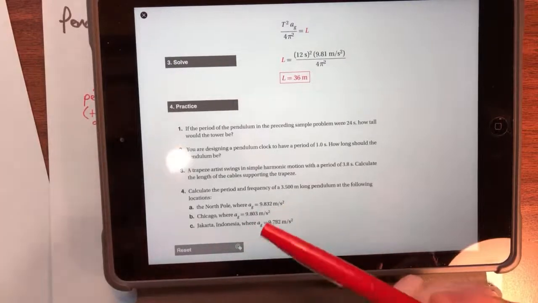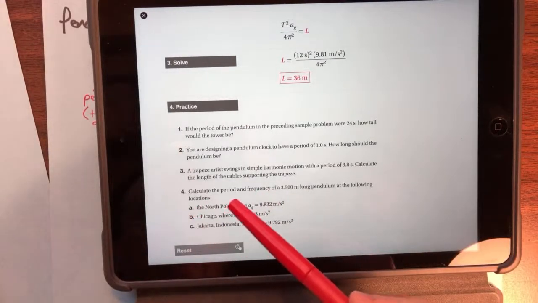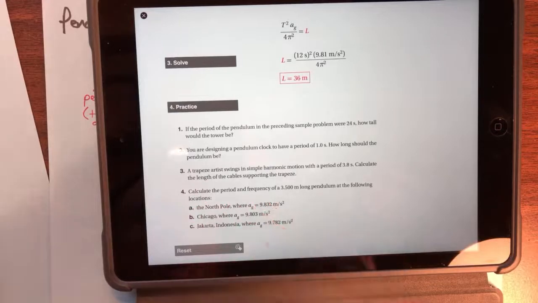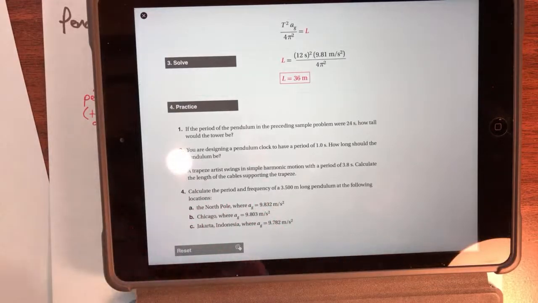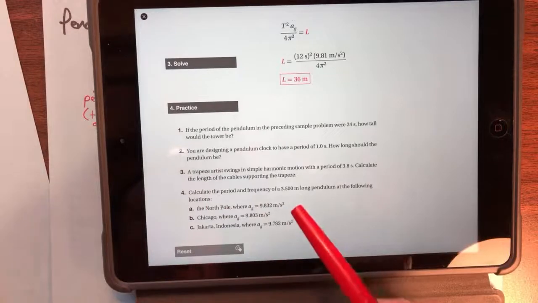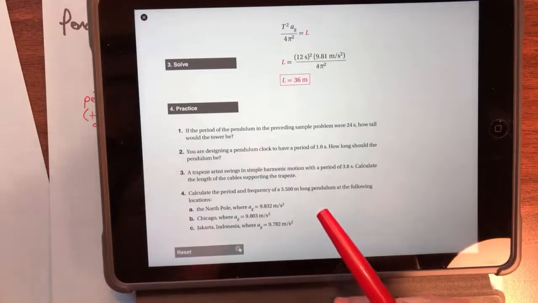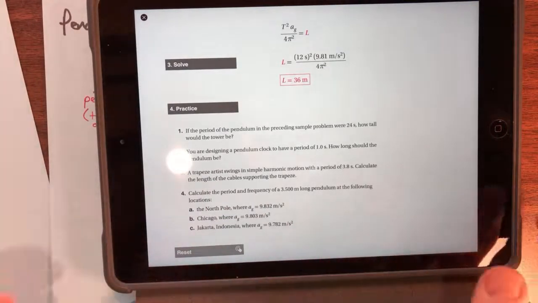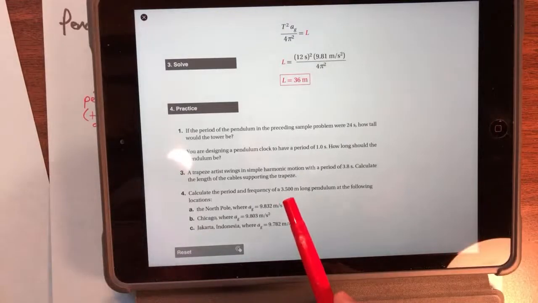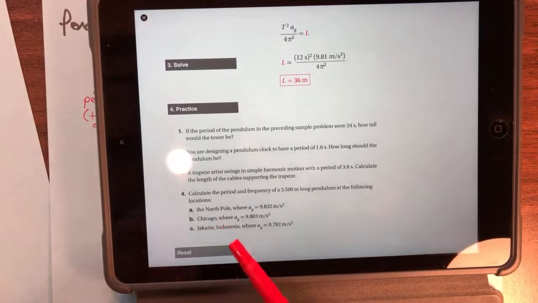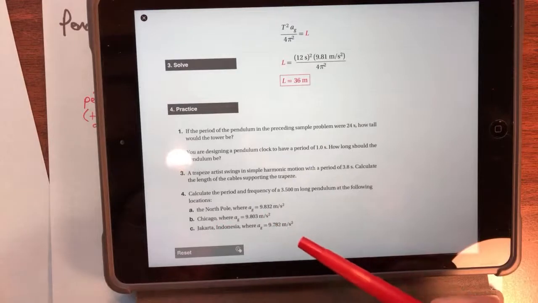All right, so number 4, what are we doing? We're going to calculate the period and frequency. So we have the formula for the frequency of a 3.5 meter long pendulum at the following locations. What's the same here is the length, and the acceleration due to gravity is going to be changing.